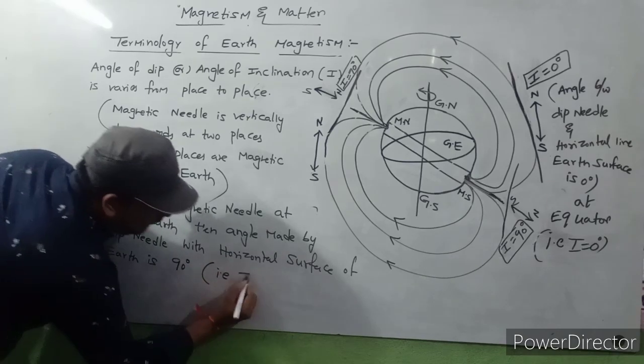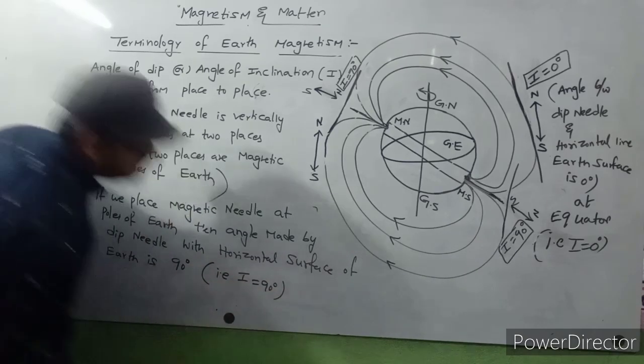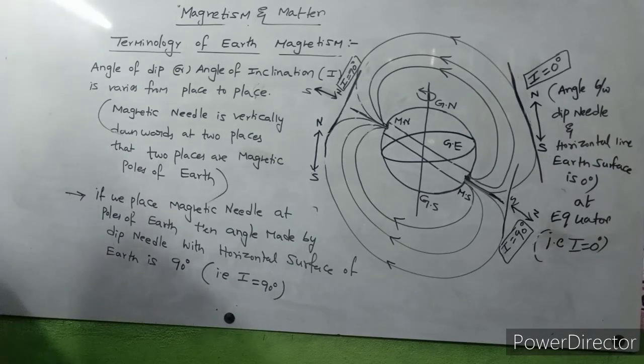That means I is equal to 90 degrees. So this is one point.